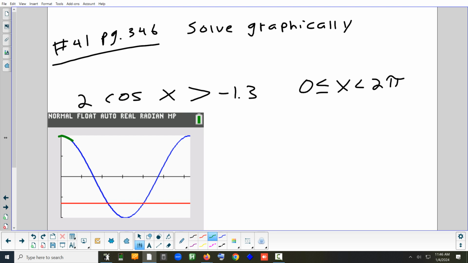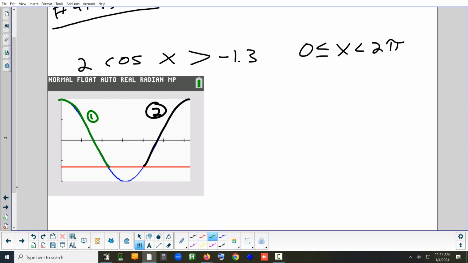Okay, we'll call this one piece 1, and this one piece 2. I need to describe both of those pieces. All right, let's start with piece 1. Piece 1 goes from here up to here.